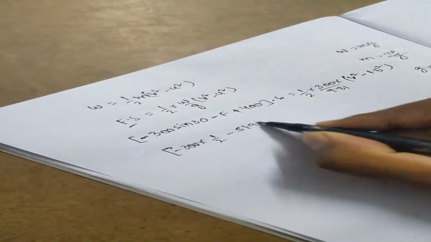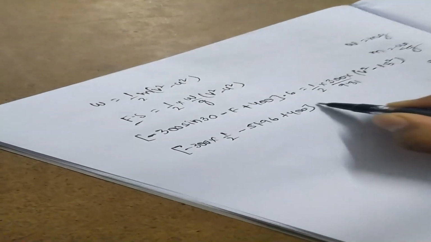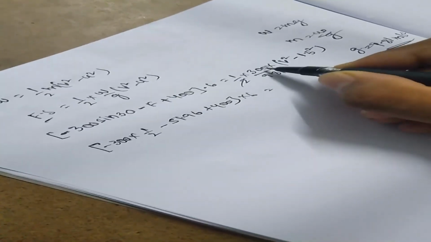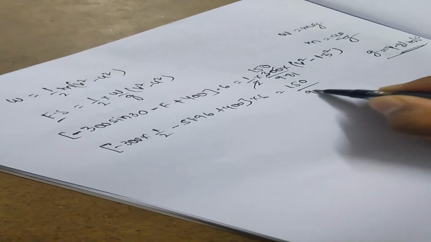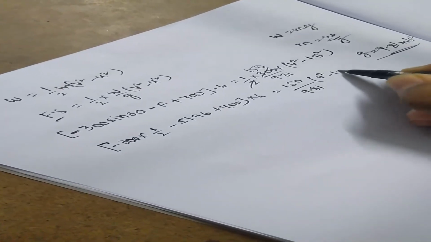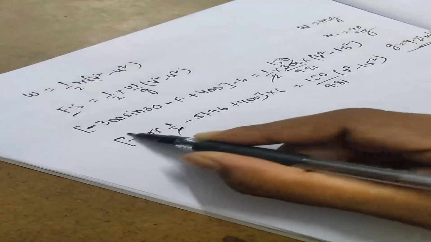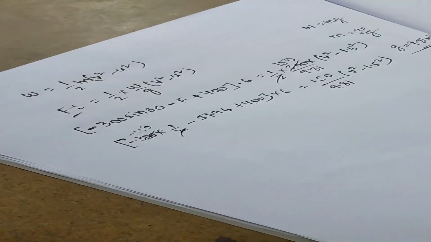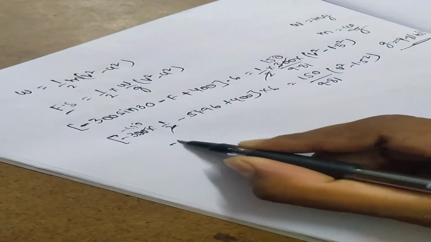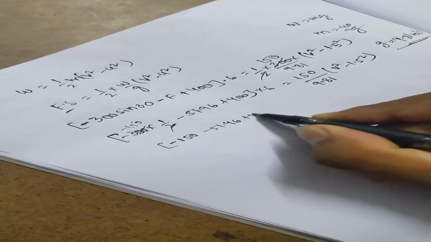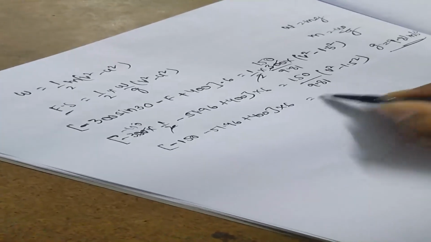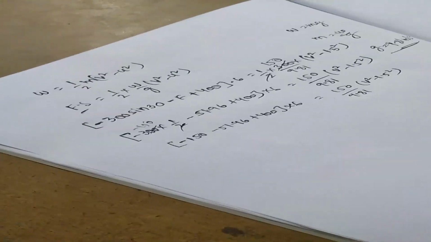So minus 150 minus 51.96 plus 400, into 6, is equal to 150 by 9.81 into v square minus 1.5 square.